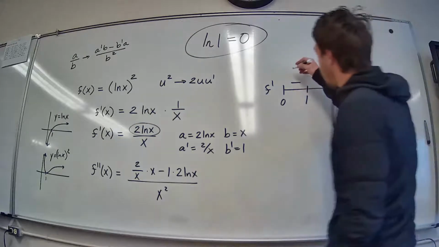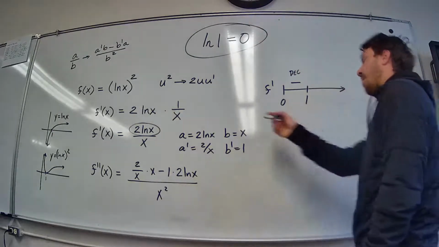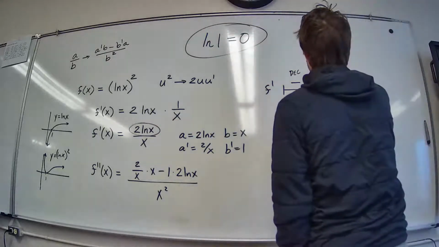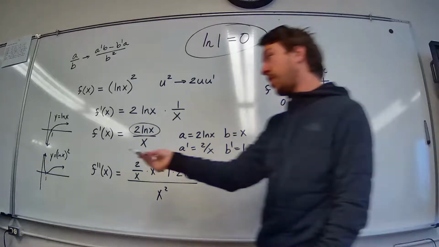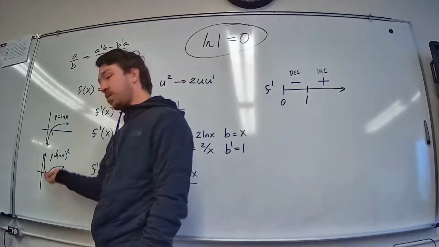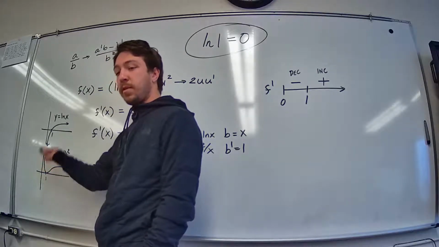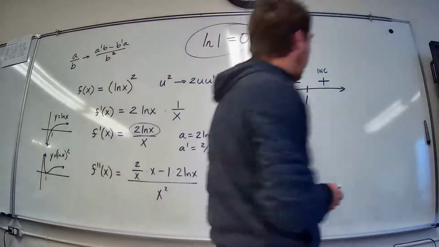Yep, decreasing function. And then from 1 to infinity, if x is bigger than 1, well, then log is positive, so that would be a positive number, telling us that f is increasing. So we're already feeling pretty good that this graph was, at least in terms of its decreasing then increasing property, correct.